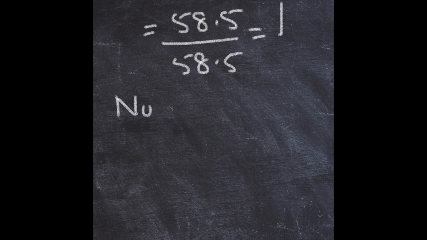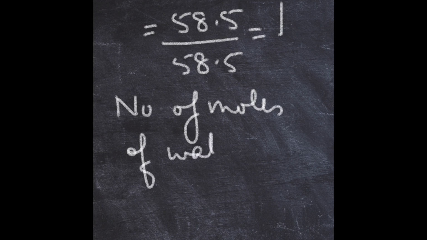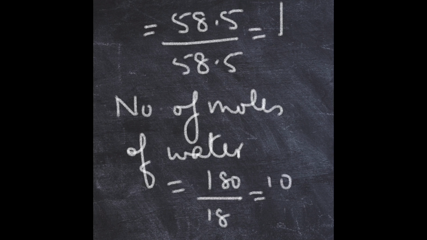The number of moles of water is equal to the given mass of water, which is 180, upon the molar mass, which is 18. So this is 10. The number of moles of water is 10.